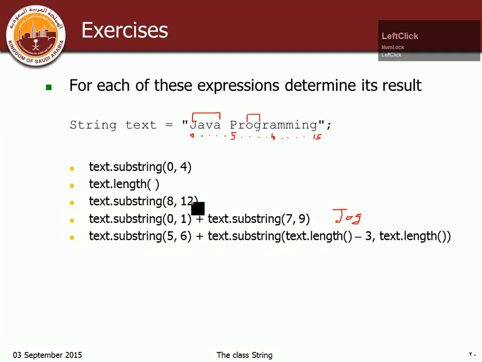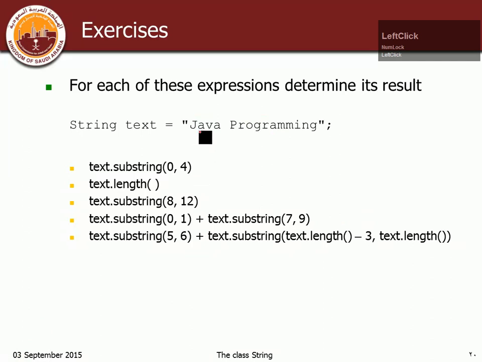From 8 to 12, this is 5, 6, 7, 8, so we start from gram, and this is 8, 9, 10, 11, we don't take 12. We never take the last one. The last one is not included, the first one is included. 7, same thing: 7, 8, 9 is not included, so we don't take it.